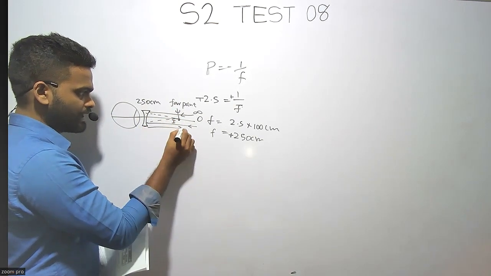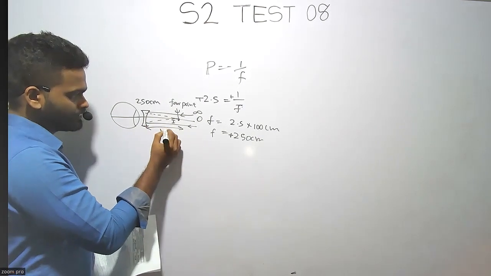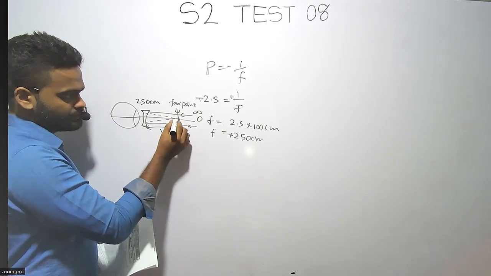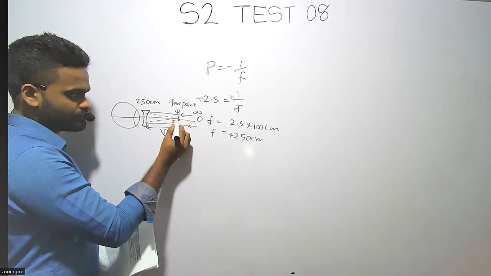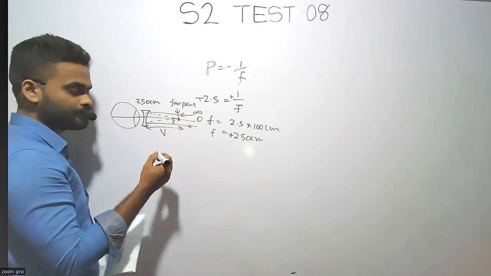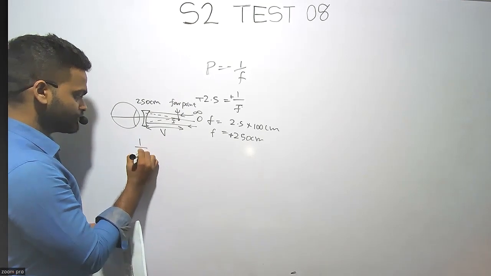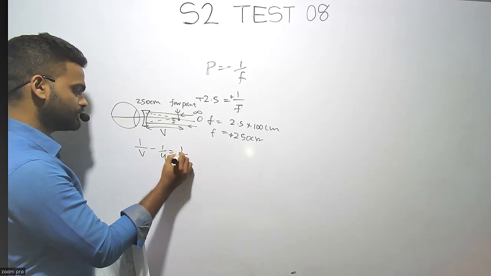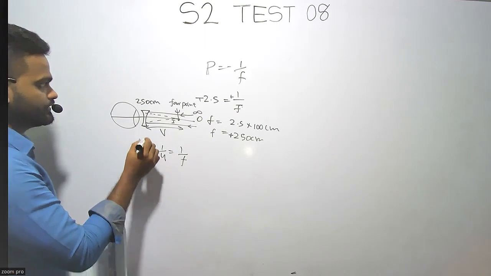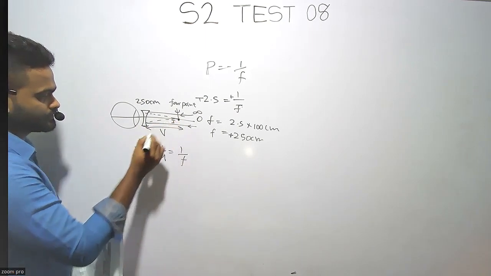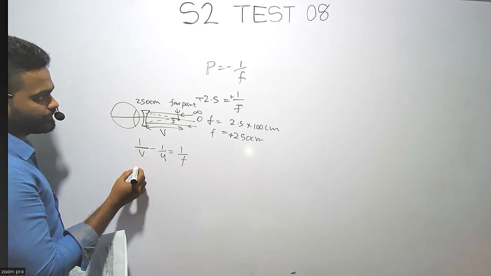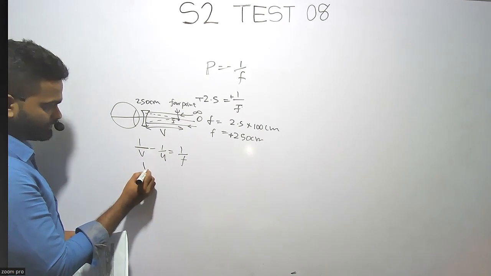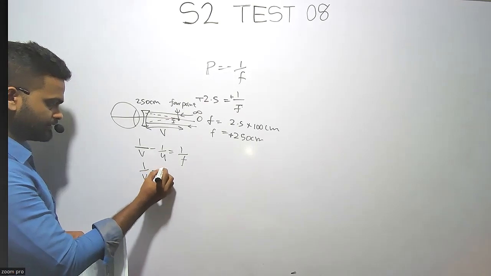So here you have the image. If you find the image distance, you get the distance to the far point, right? So this is 1 over v, minus 1 over u equals 1 over f. So we have to find v, right?